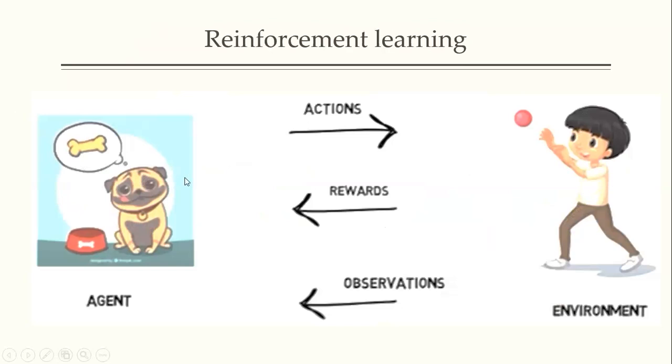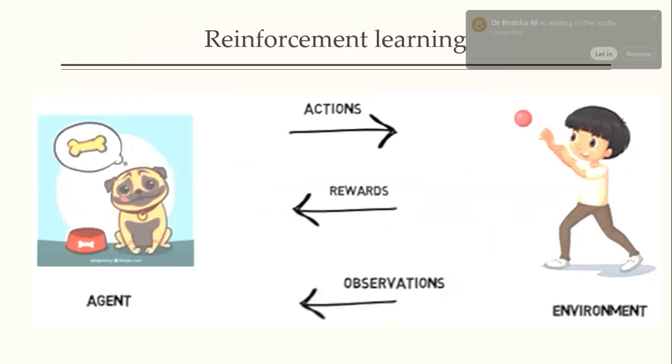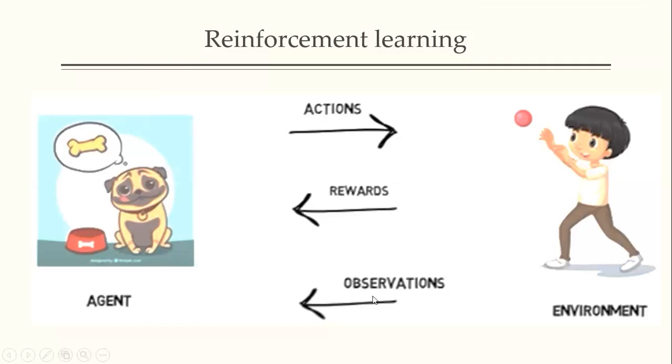Similarly, if it's done multiple times, automatically when he throws the ball, it will bring the ball, then it will be fed. That is the reward. The reward is the feeding, food. Observation means the ball is thrown, then it has to act, that is, bring the ball. This is reinforcement learning.